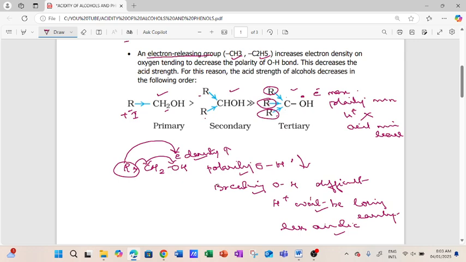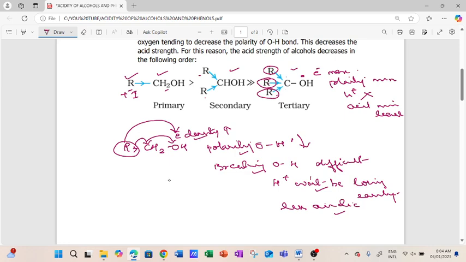When you compare primary, secondary and tertiary, primary is the one which has only one alkyl group. So the electron density of oxygen in primary alcohol is very less compared to secondary and tertiary. So when you compare the acidic character between primary, secondary and tertiary, we can conclude like this: primary is greater than secondary is greater than tertiary.